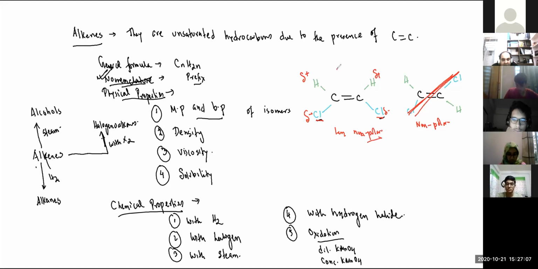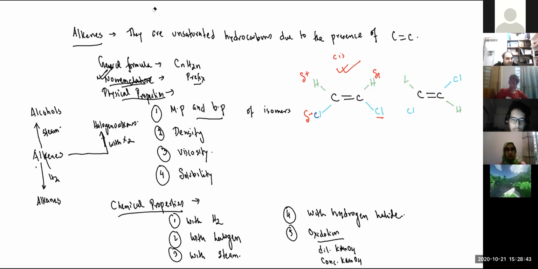So cis is going to have a higher melting point. So what do we write for melting and boiling point? Cis isomer has a higher melting and boiling point than trans isomer. Just write this down, nothing more is needed.